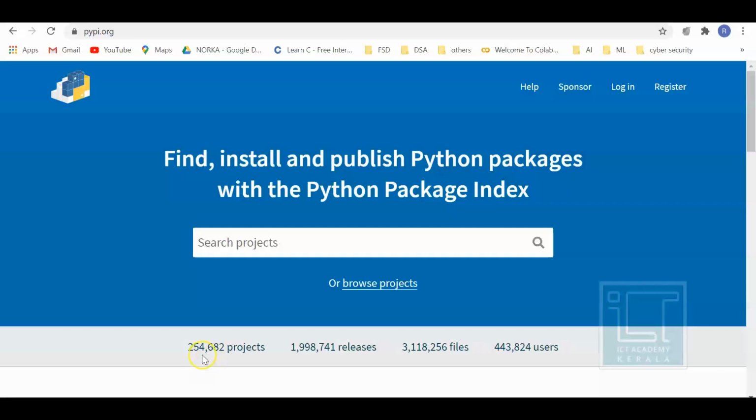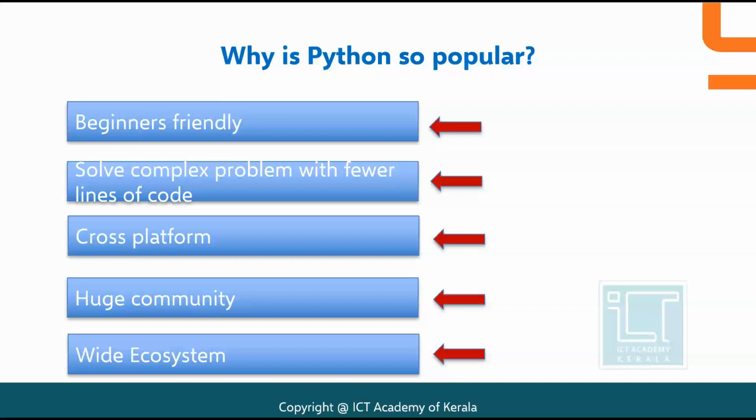You can see more than 254,000 projects for Python. That means if any one of you has a problem to solve with the help of Python, you can get numerous solutions for your problem very easily. This all makes Python so popular among people.